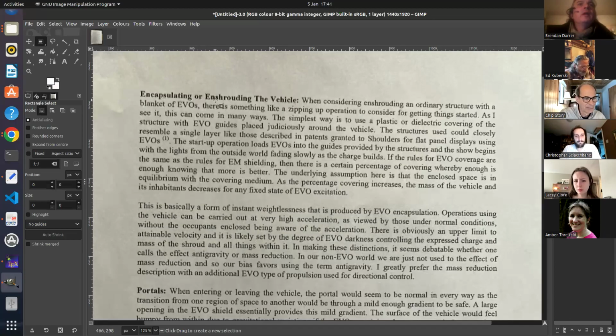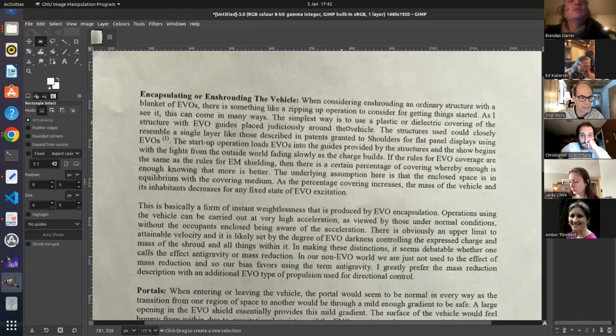Encapsulating or enshrouding the vehicle. When considering enshrouding an ordinary structure with a blanket of EVOs, there is something like a zipping up operation to consider for getting things started. As I see it, this can come in many ways.